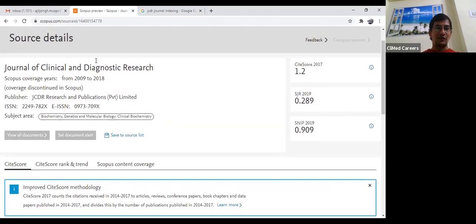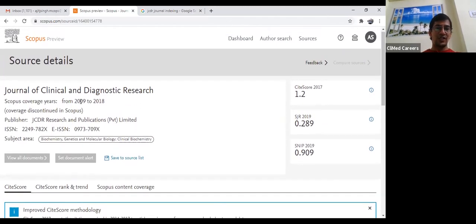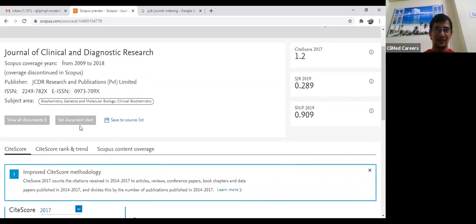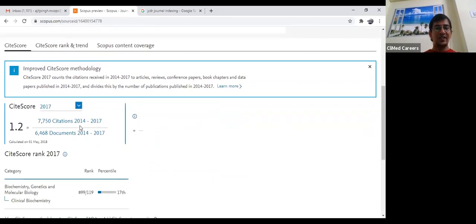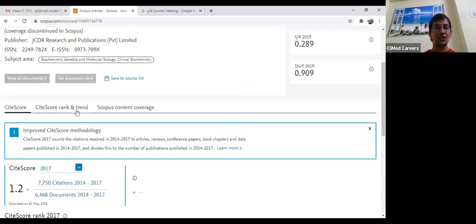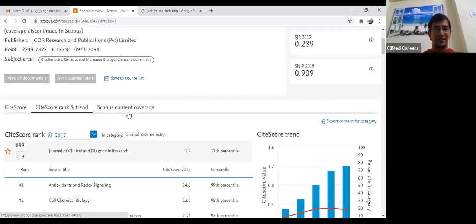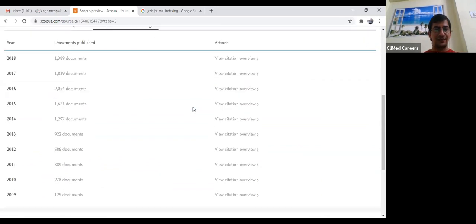So this journal was Scopus indexed from 2009 to 2018. Coverage discontinued in Scopus. Published in Delhi, they have the good ISSN number and everything. But what was the reason behind throwing it out? You can see here, Scopus content coverage.